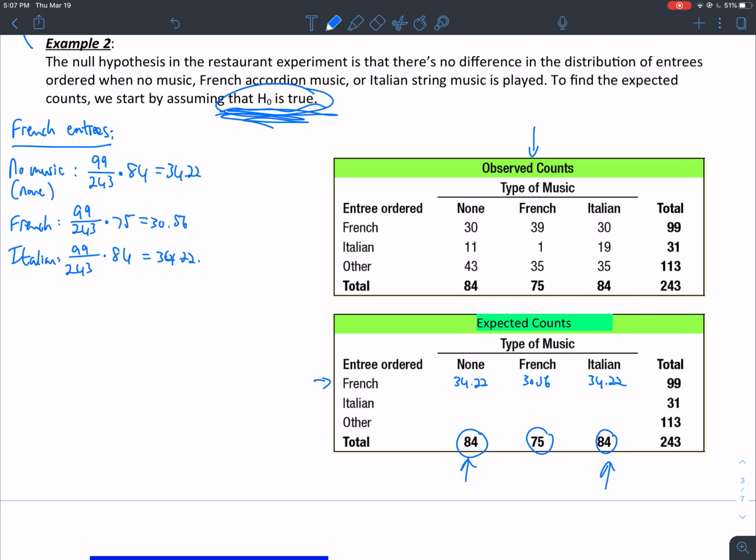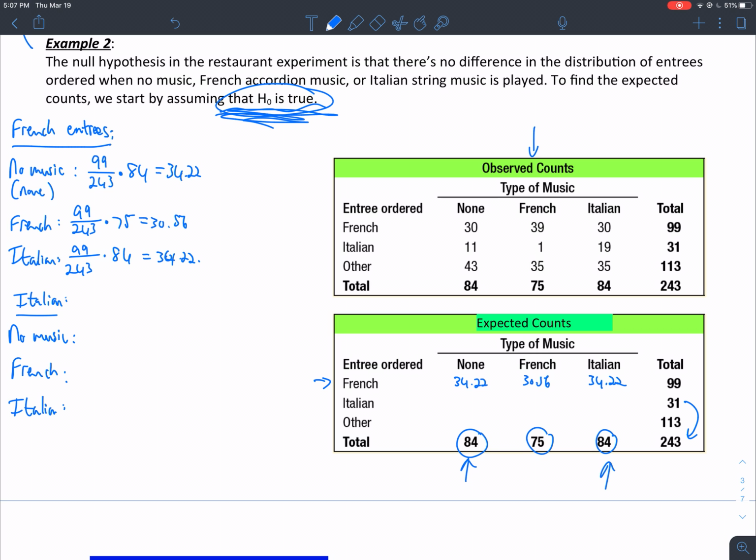We did French, then we can do Italian. If you do Italian entrees, again, what's the proportion of Italian entrees of the total? 31 over 243.